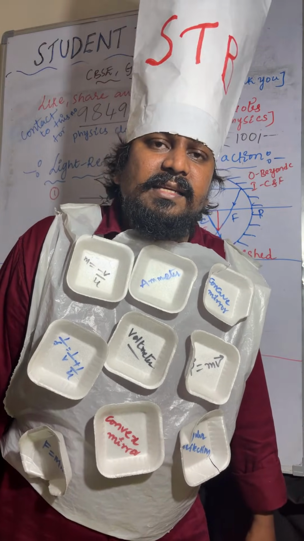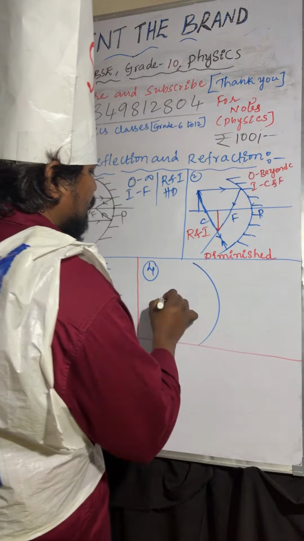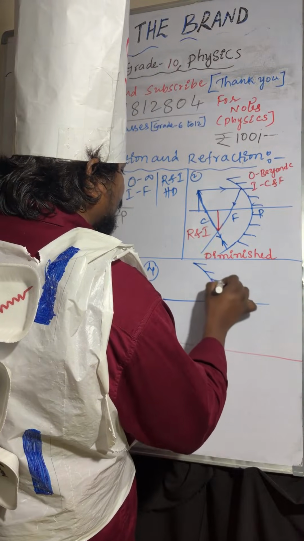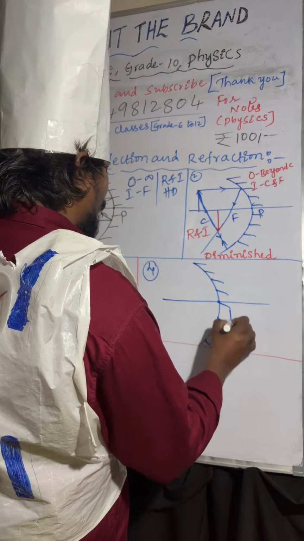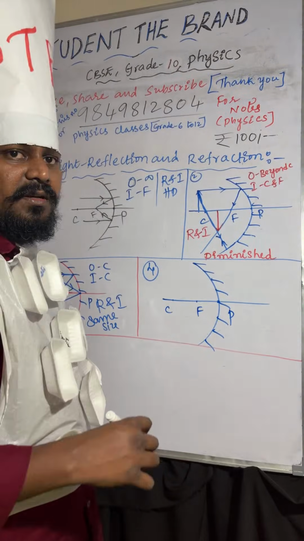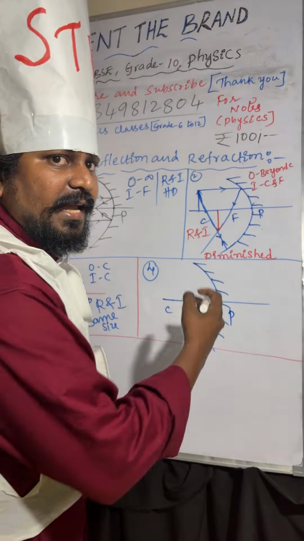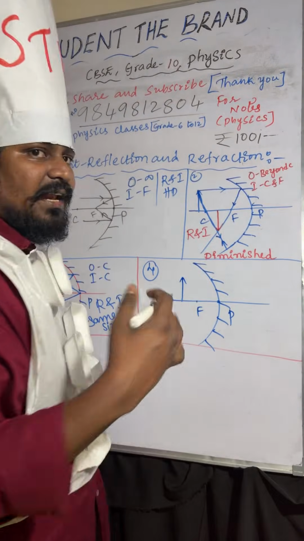Yes. So let's start. Here I am taking like this. So pole, focus, center of curvature. Object is placed between C and F. Where will the image form?